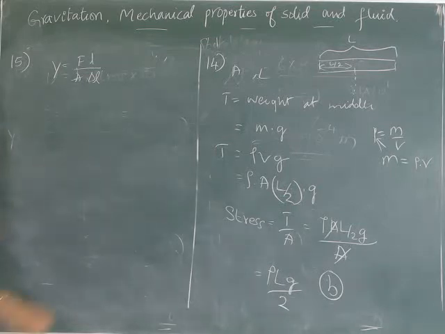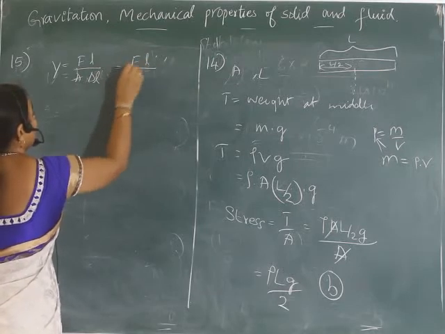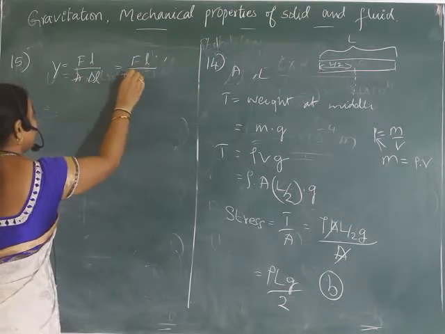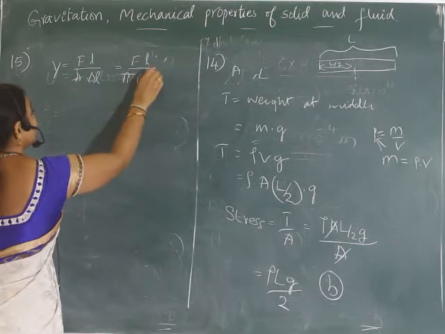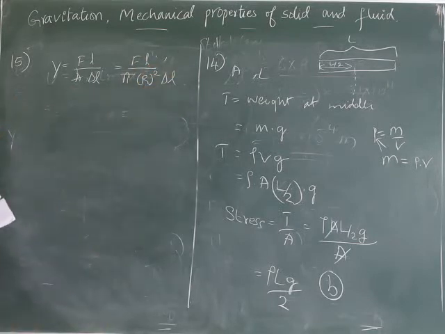You have to say area is nothing but pi r square. So instead of FL by A delta L, we use FL by pi r square into delta L. Correct?